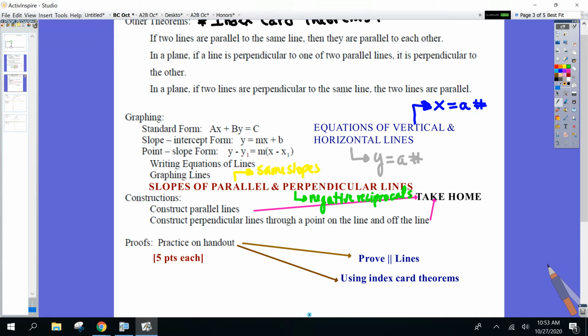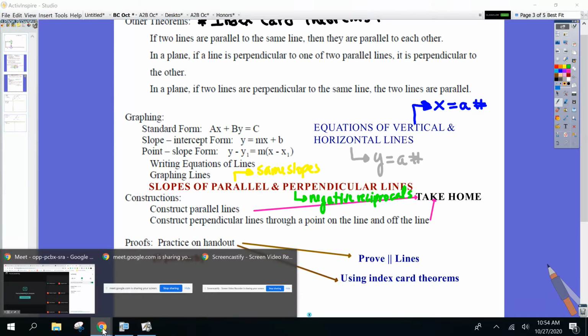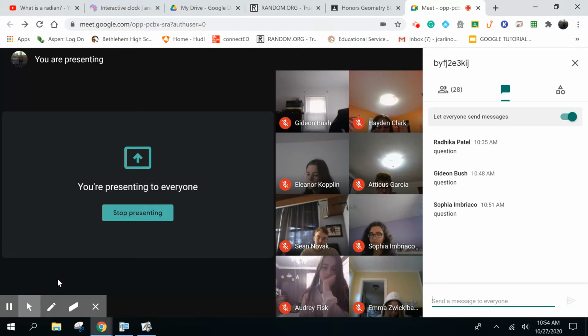So there you go, guys. Anything you want to ask on the review here that I put together for you in your packet? If you just flip through the remaining pages there afterwards, you will see a whole bunch of proofs.